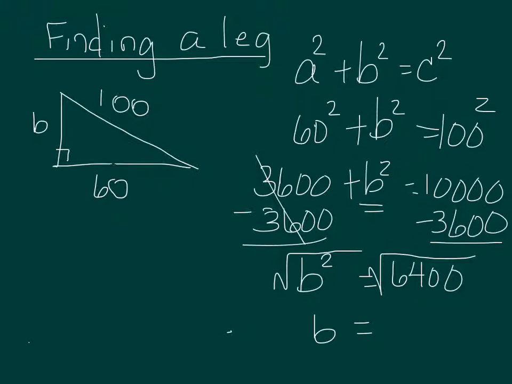So what times itself gives us 6,400? Or what is the square root of 6,400? You got it. 80. So b equals 80. So we've just found the side to this triangle. And we have side B equals 80. Again, if you need to review this, you go right ahead.